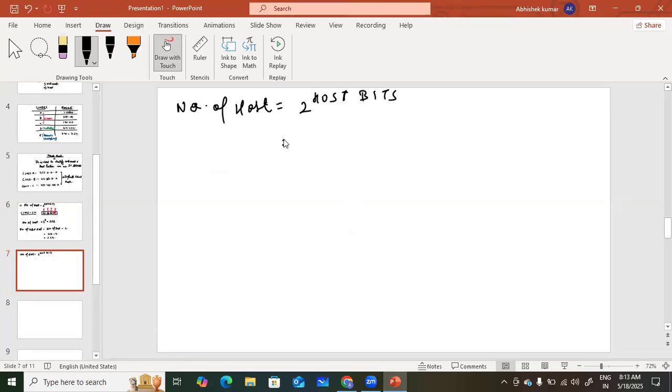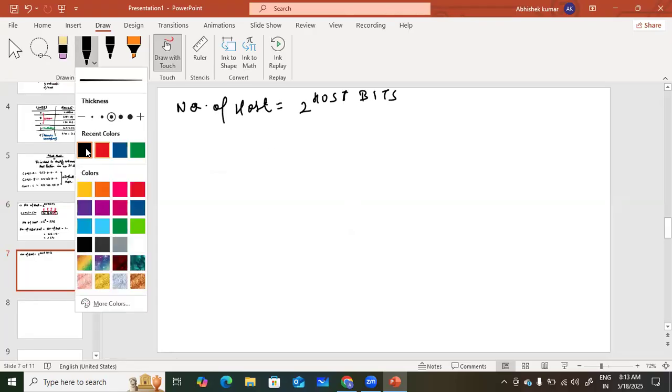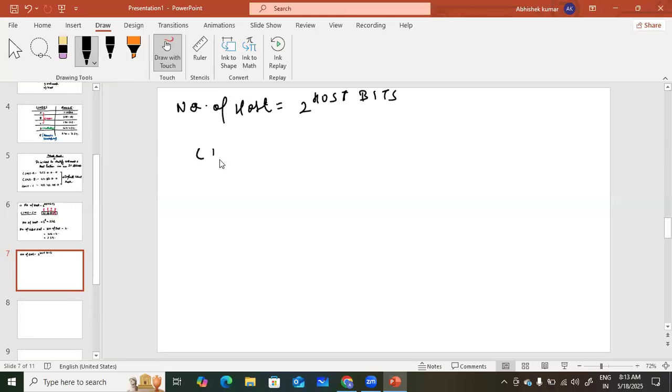When I talk about class B, what will be the default network and host format? Network, network, host, and host, like this. 8 bits, 8 bits, 8 bits, 8 bits.